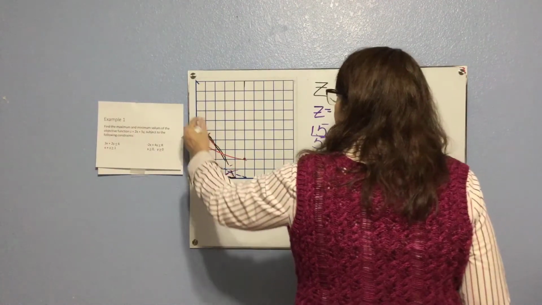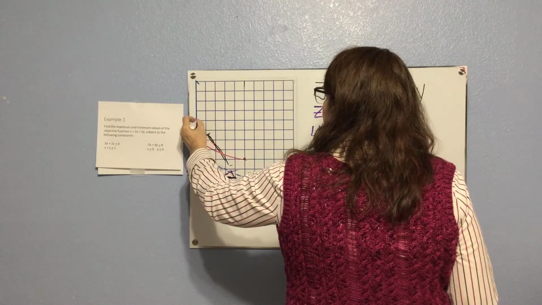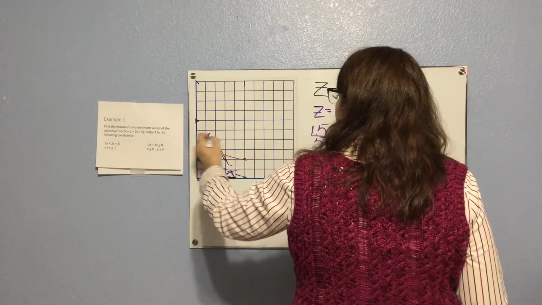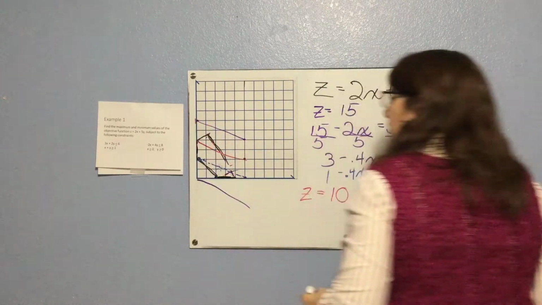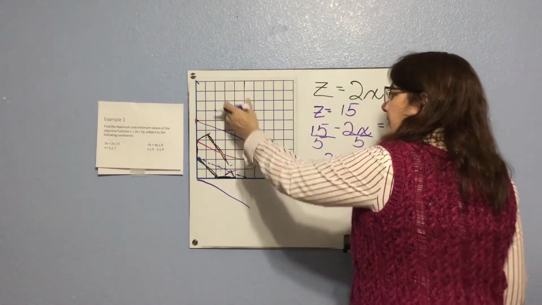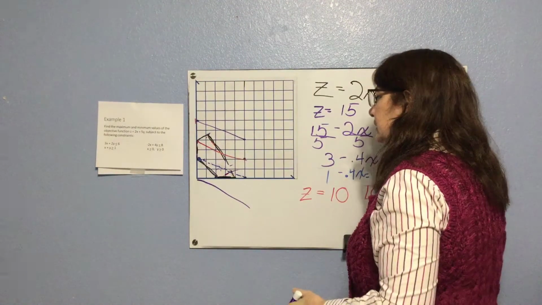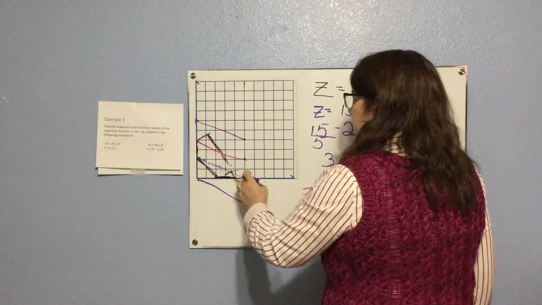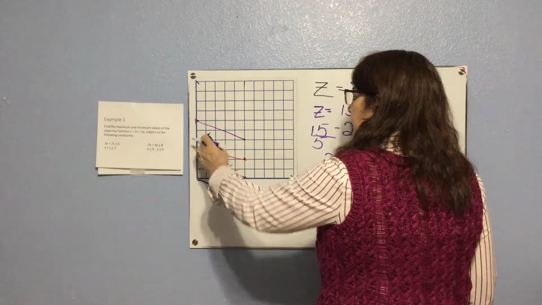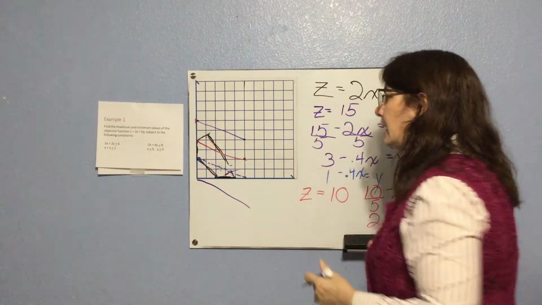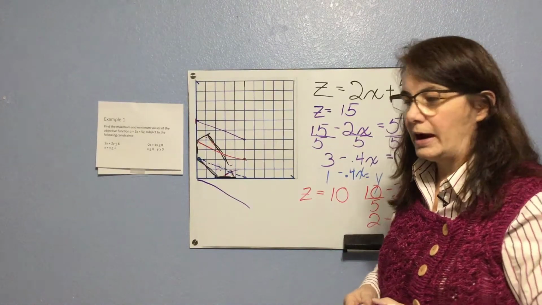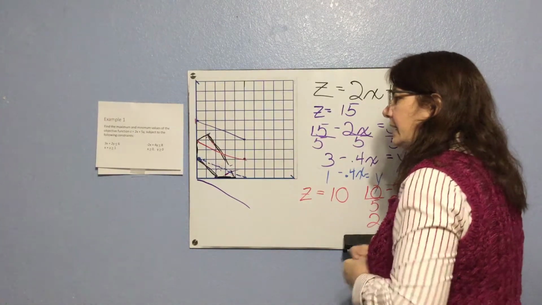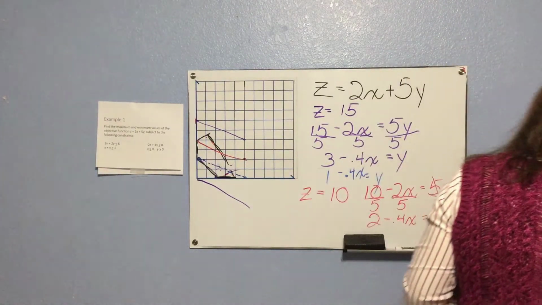And so that would be up here. And we'll go down 2 and over 5. Now I've gone too far. Now I'm completely outside the feasible region again. So z equals 5 is an option. z equals 10 is an option. z equals 0 and z equals 15 are not options because they do not intersect with my feasible region.